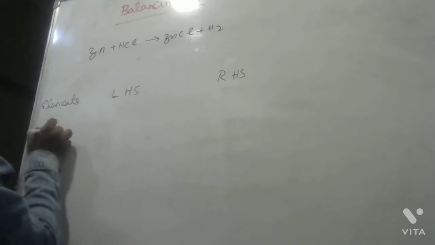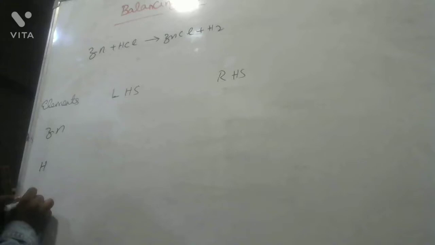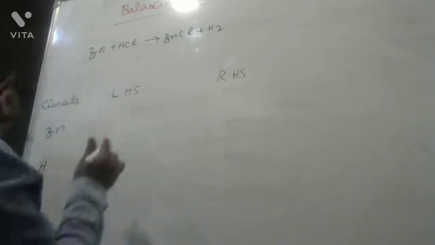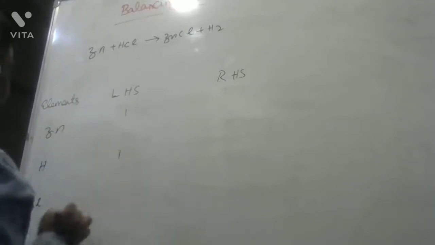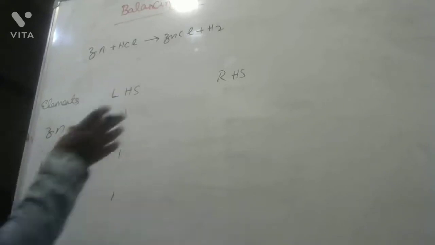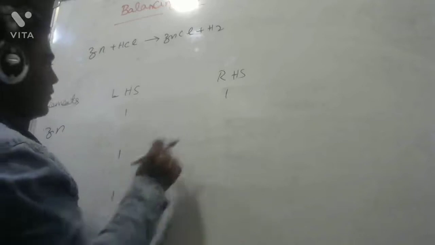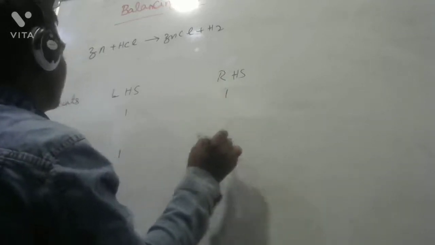So zinc, hydrogen and chlorine. Now zinc has subscript 1, hydrogen has 1, chlorine also has 1.